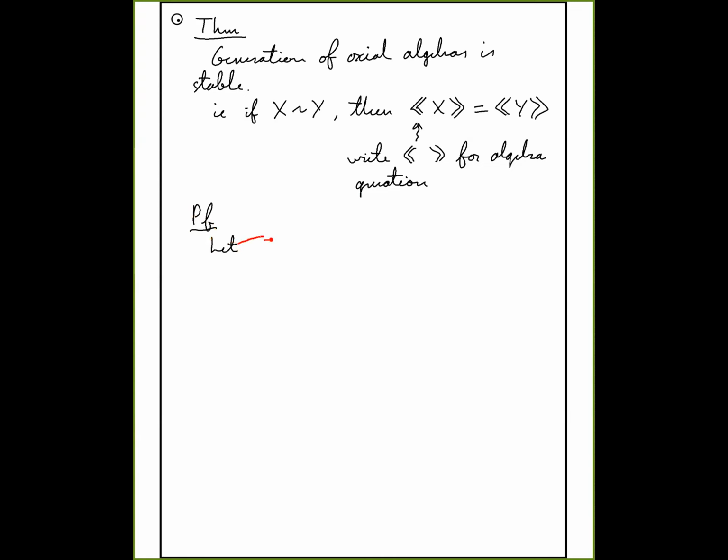So let B be the subalgebra generated by X, and C be the one generated by Y. So B is invariant under the adjoint action of every A in X, clearly, because it's a subalgebra.